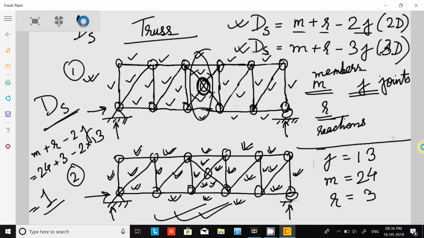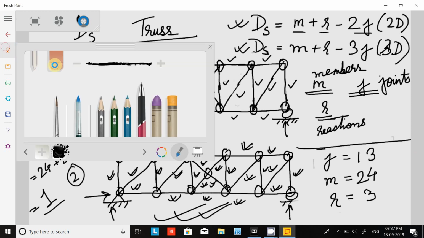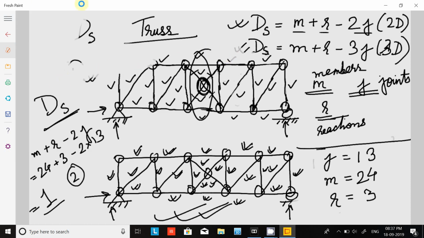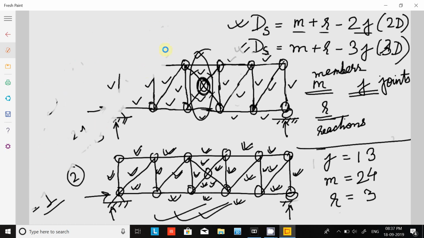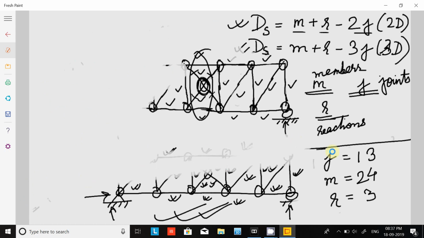And now let us try to have some basic discussion about kinematic indeterminacy. We'll be doing kinematic indeterminacy now. So this is the basic equation for finding out the kinematic indeterminacy.